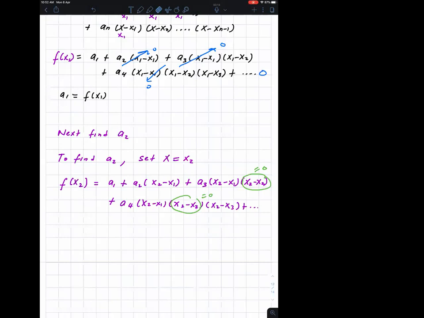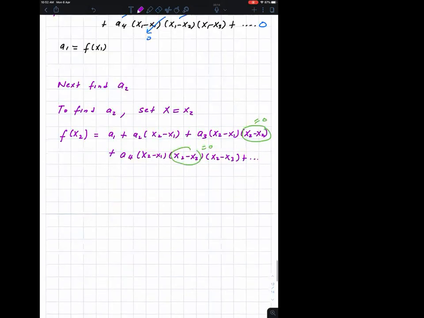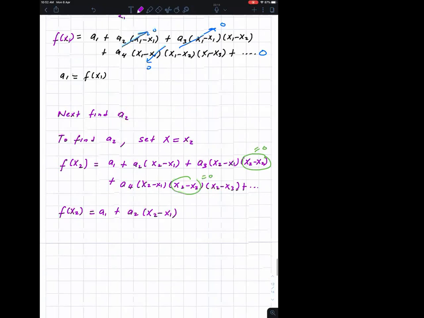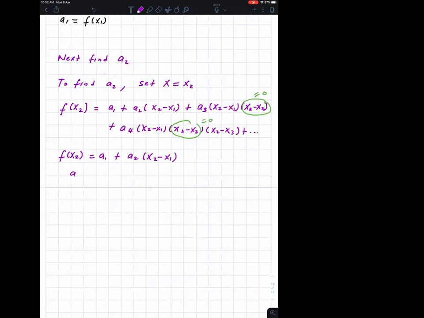So in that case, you're going to just get this part here. fx2 is A1 plus A2 (x2 minus x1). Okay. So from here, A2 is going to be (fx2 minus A1) divided by (x2 minus x1).